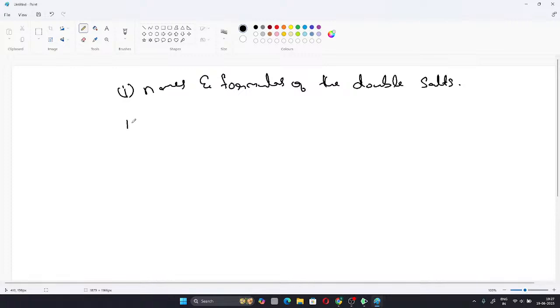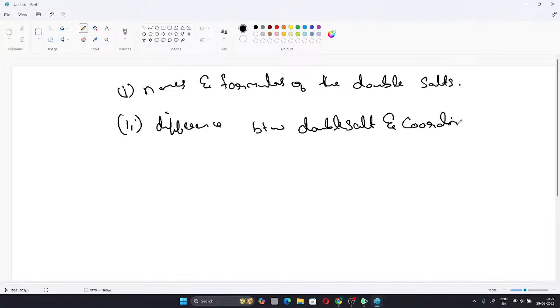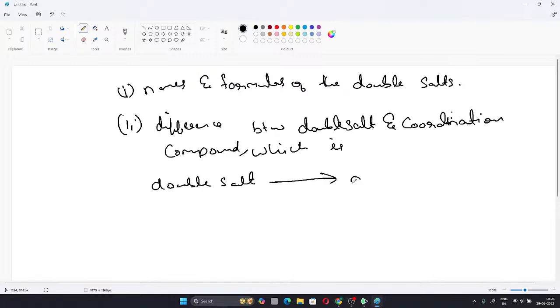The second importance in that paragraph is the difference between double salt and coordination compound, which is nothing but: double salt, if you add in water, dissociates.